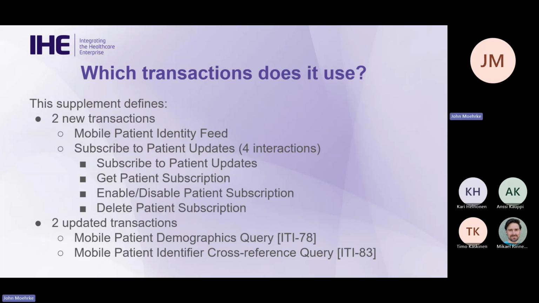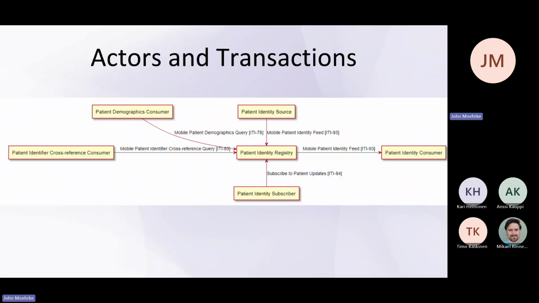The supplement defines this identity feed within this environment that is managing the golden patient, and therefore it has abilities to update, it has abilities to subscribe. I'll show that on the next slide a little bit better. And like I said, it reuses PDQm.